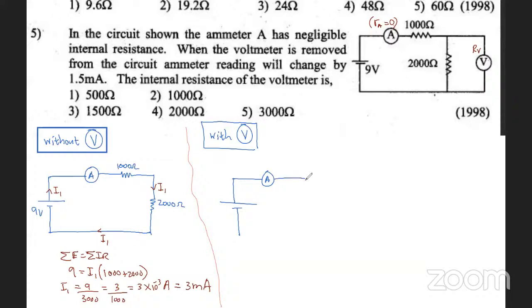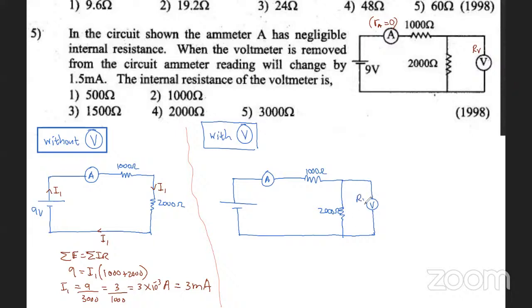Here we have 1000 ohm, and we have 2000 ohm, and then we have the voltmeter here. When I put the voltmeter, this is 2000 ohm, this is 1000 ohm, and the voltmeter has an internal resistance RV.